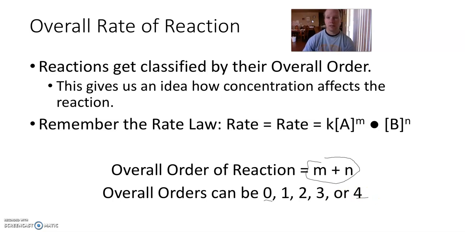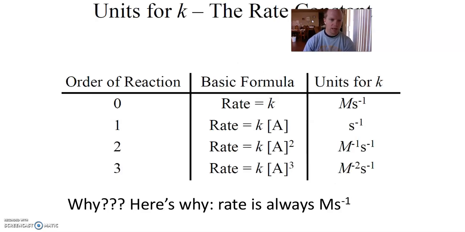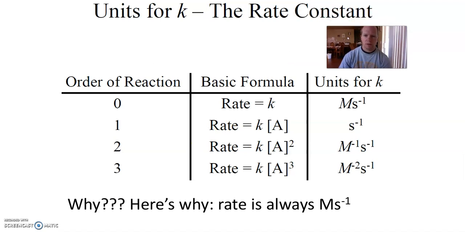Whew, that's a lot, huh? Kind of weird stuff. But what this helps us do is understand what's happening in a reaction. So let's take a look at a little bit more of the nuts and bolts, and then real experimental data.